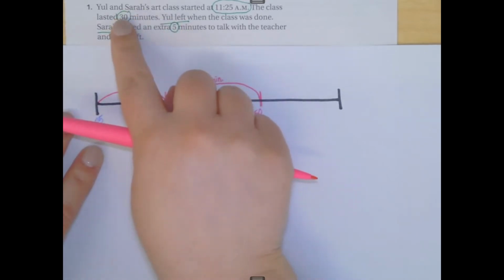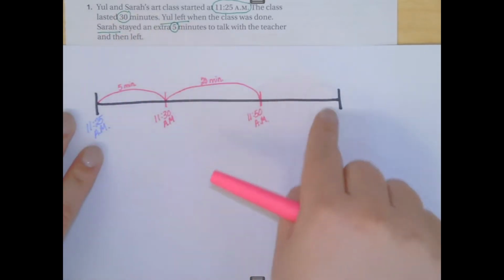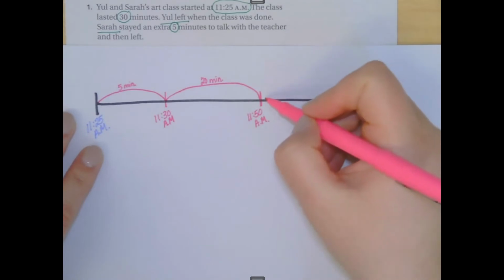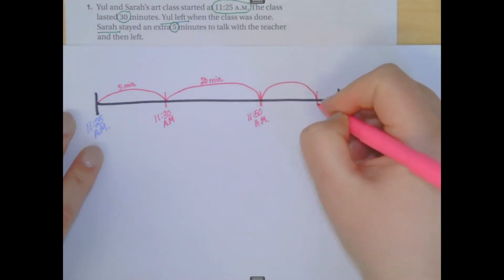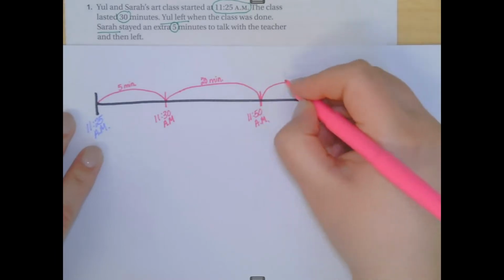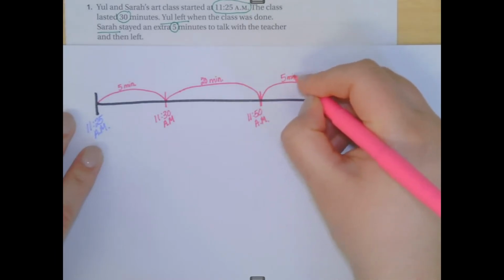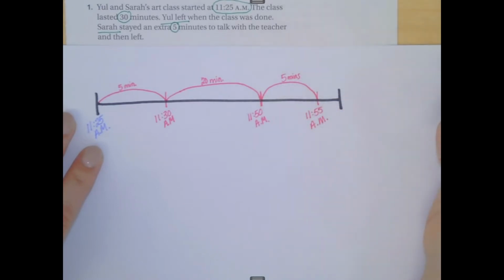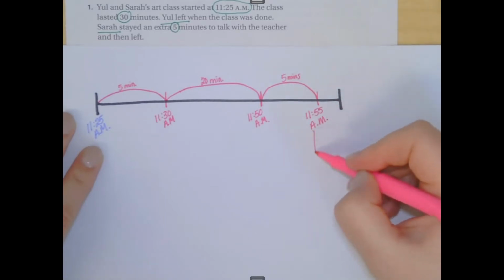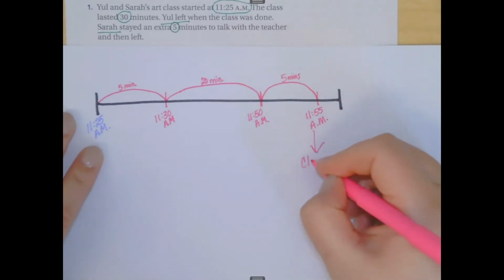The class was 30 minutes long, so I need to go 5 more minutes. So now I'm going to jump 5 more minutes, and 50 plus 5 would be 55. So that lands me at 11:55 a.m. Okay? So this is the time the class ended.